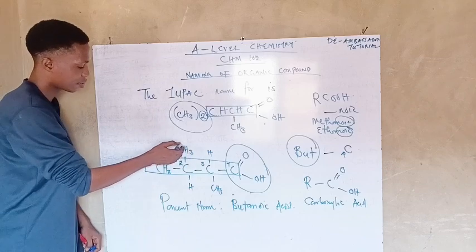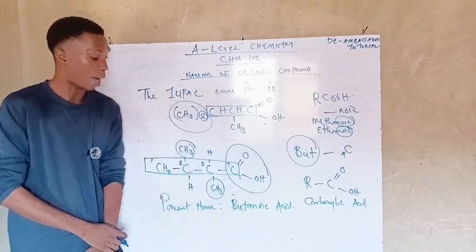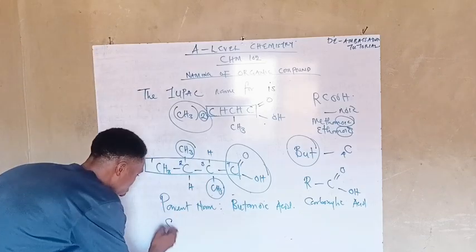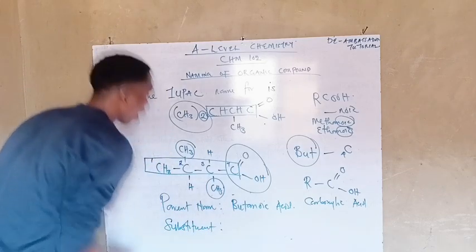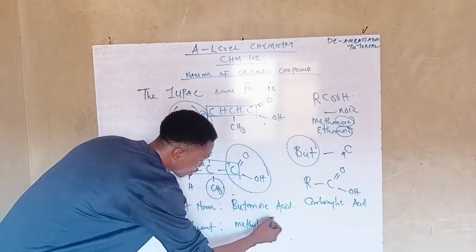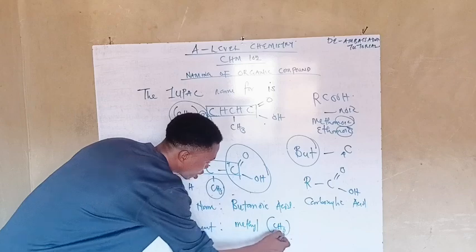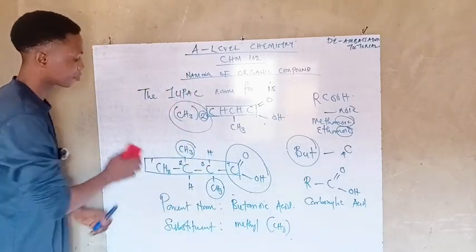We have this 1 and we have this 2. So, what are they called? The substituents are called methyl. Anytime we have CH3, it is referred to as methyl.